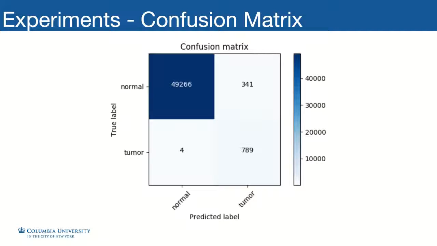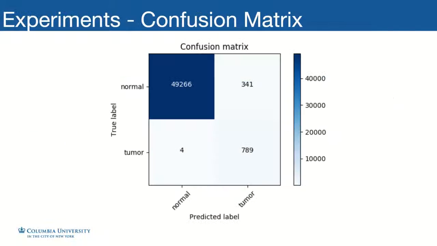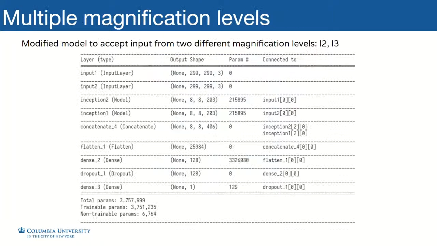We have the confusion matrix, which is the computed metrics of the L2 model on tumor 091, and it looks perfect. So we further improved our model to incorporate multiple magnification levels. Specifically, we are accepting L2 and L3 patches as input, and the model is listed below.